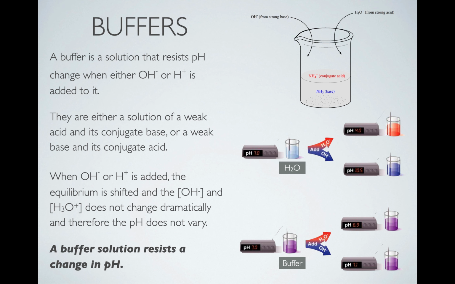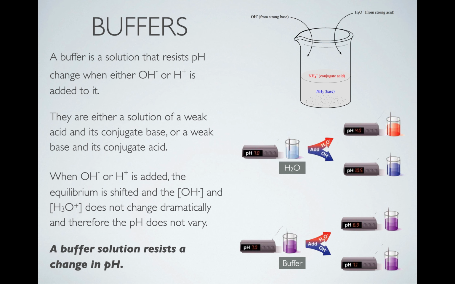One of the last things we need to talk about is a buffer. A buffer is a solution that resists pH change. It resists changing pH when either hydroxides or H pluses are added to it. So there's something in there that soaks it up and stops it changing the pH.